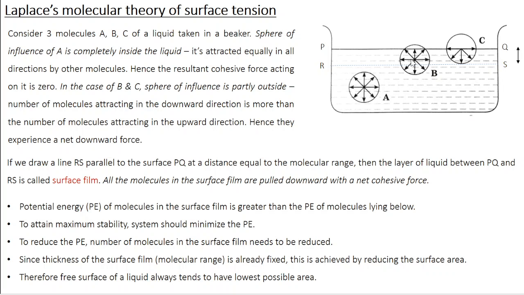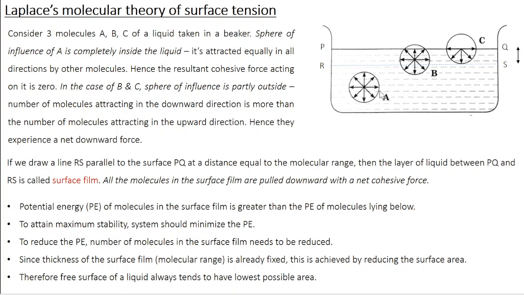As I said, all the molecules in the surface film are going to experience a net downward force. So you can say all the molecules in the surface film are pulled downward with a net cohesive force. Now with this understanding, let's try to understand the origin of surface tension.